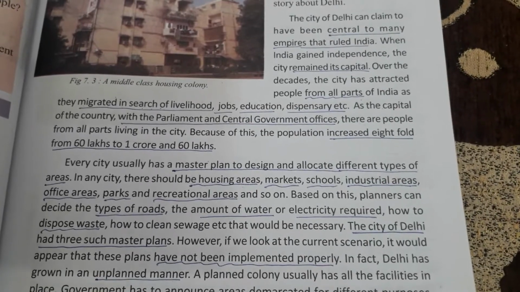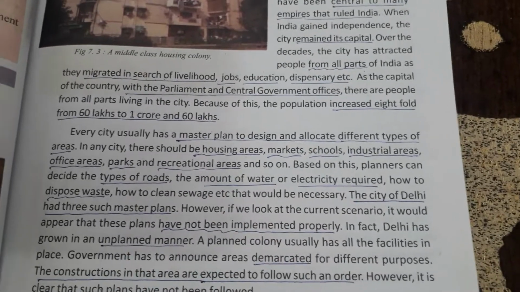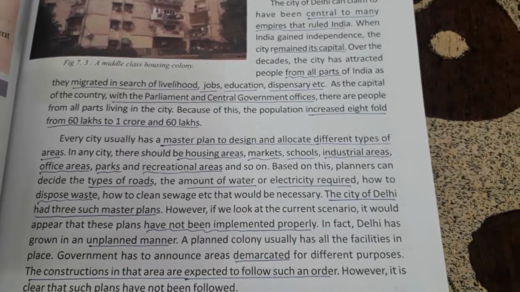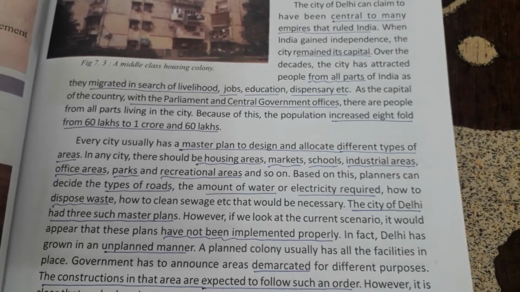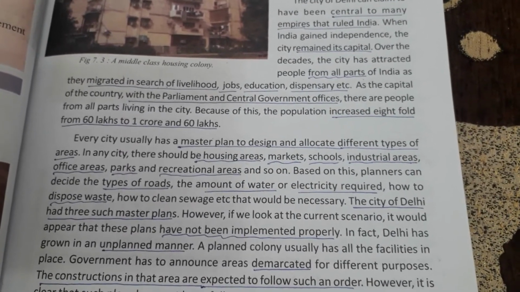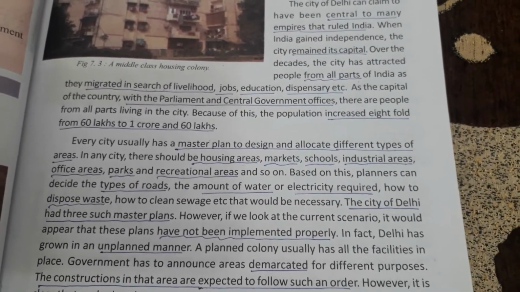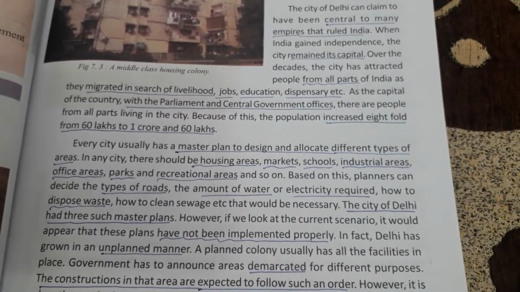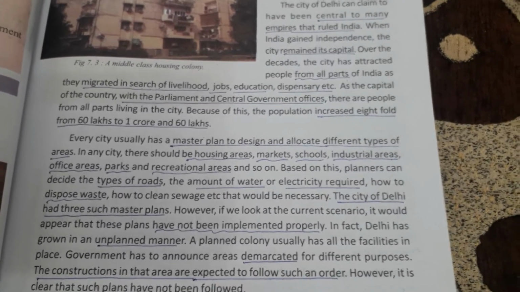Based on this, planners can decide the types of roads, the amount of water or electricity required. So based on the estimation of the future population, the planners may construct or lay different sizes of roads within the master plan. They will estimate the amount of water or groundwater, the requirement of electricity, and how to dispose waste, how to clean sewage, etc.